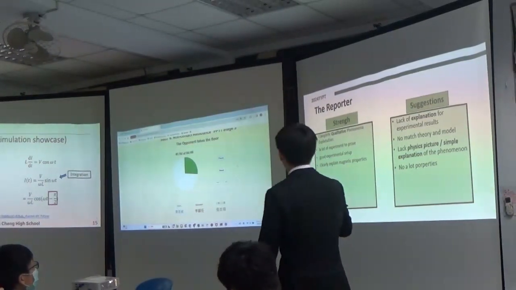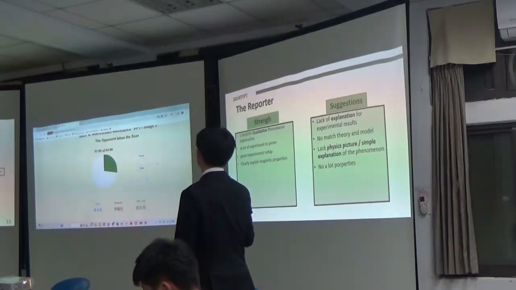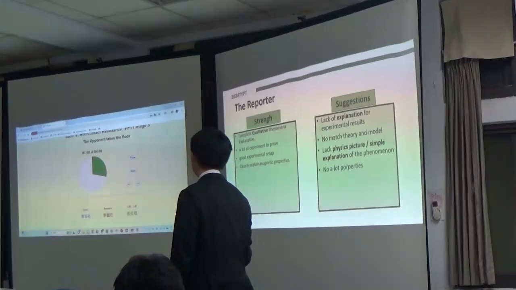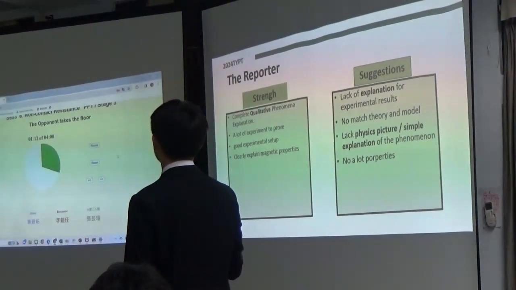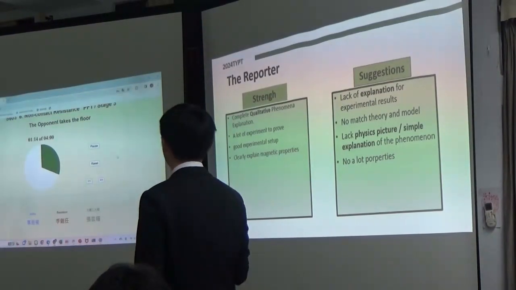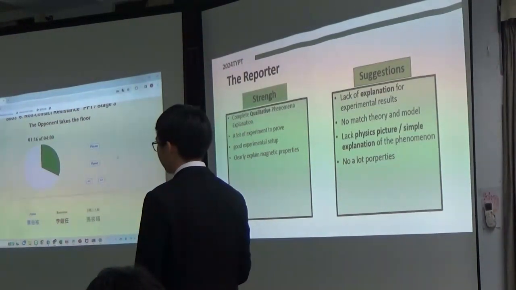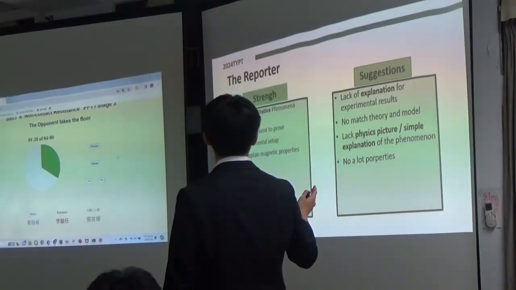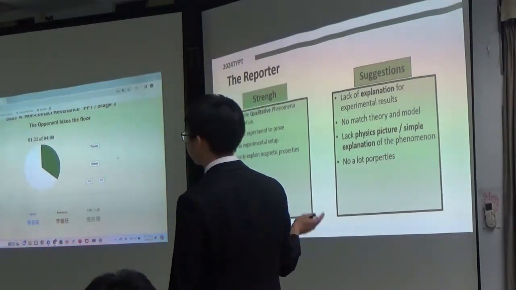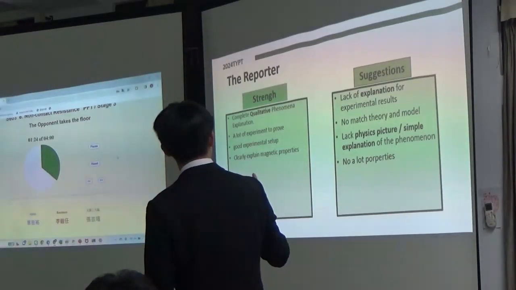The reporter's strength is that he has completely qualitative phenomena explanations, and he did a lot of experiments to prove it, and has a good experiment setup, and clearly explains magnetic properties and conductive eddy currents. But he lacks explanation of the experiment results, and they do not match the theory model.